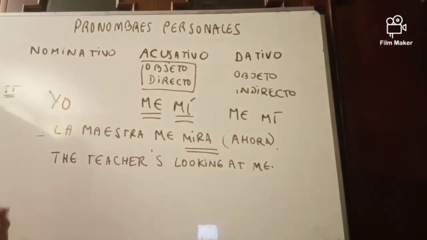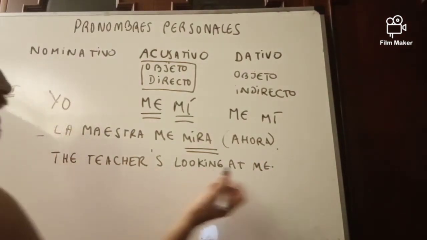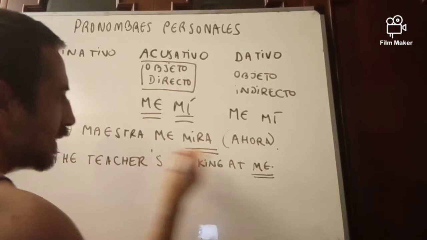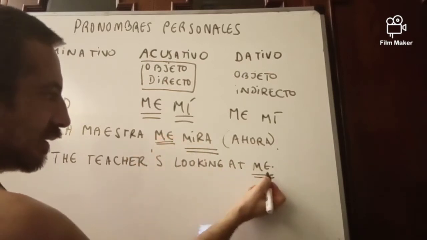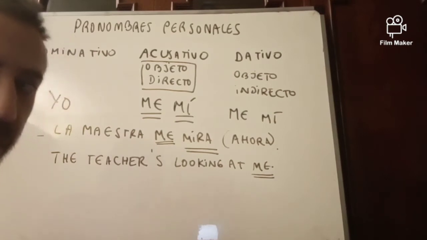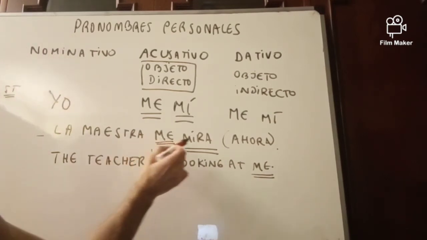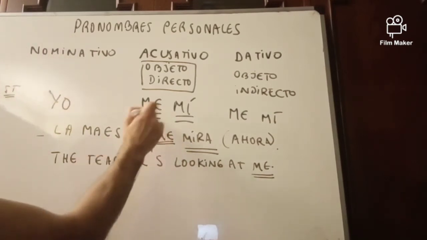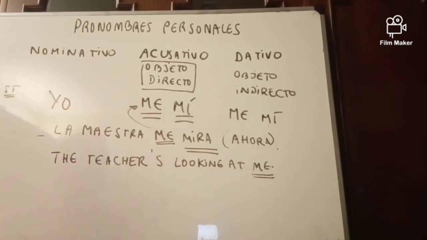The teacher's looking at me. Well, the word is written the same way in English and in Spanish. Of course, we say it me, not me. La maestra me mira. So this is this case.